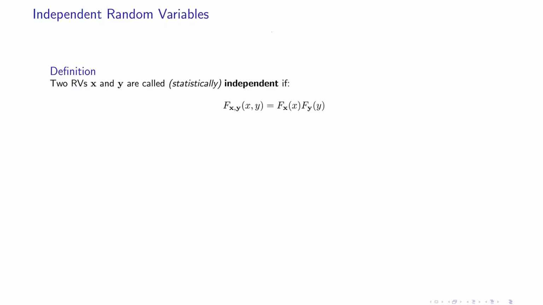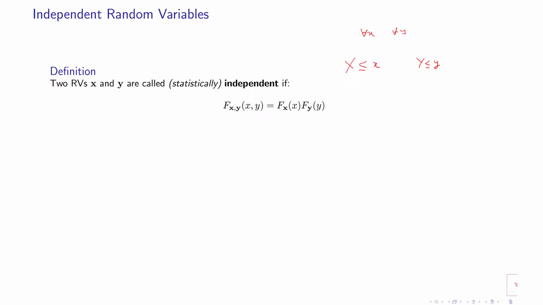So for two random variables to be independent, it is not enough that only one event, X smaller than x, be independent of Y smaller than y for one fixed value of x and y, but for all x and for all y.